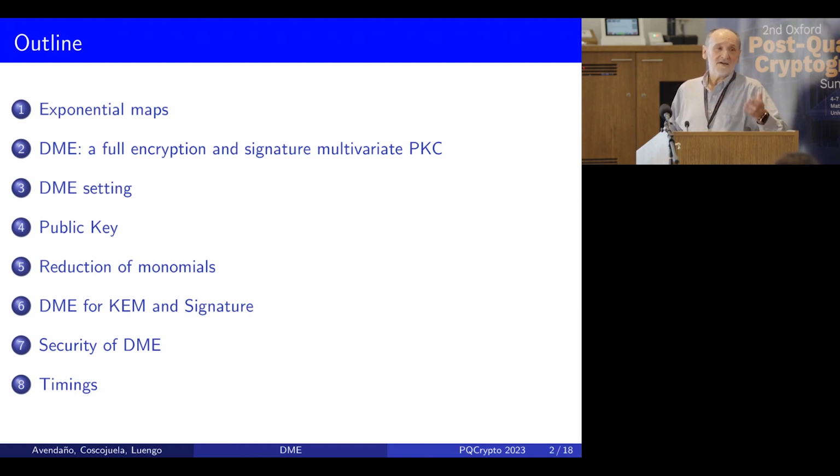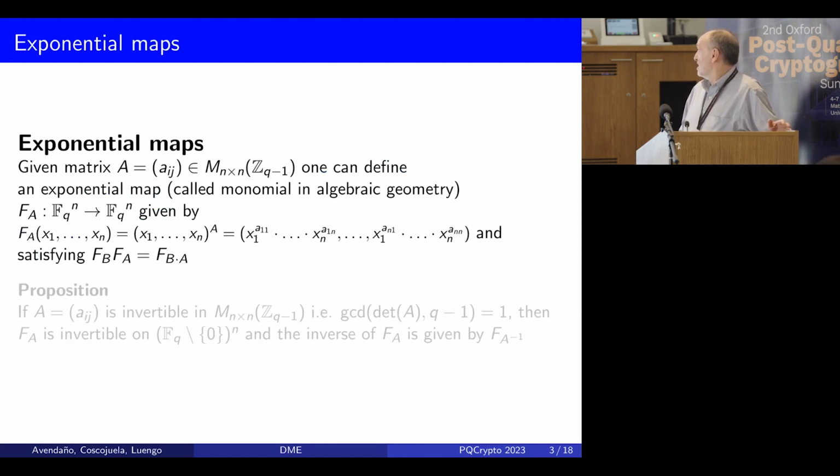So I will take a few minutes to explain how this works, because it is a completely different multivariable scheme. The mathematics on which it is based is what we call exponential maps. They are used extensively in algebraic geometry, and they are called monomial maps.